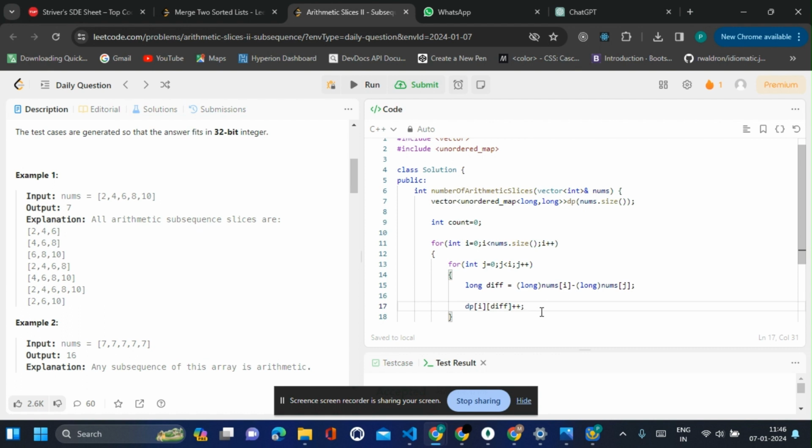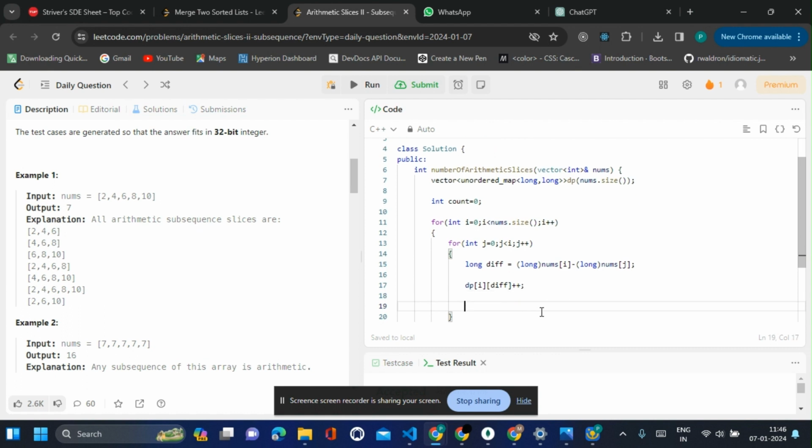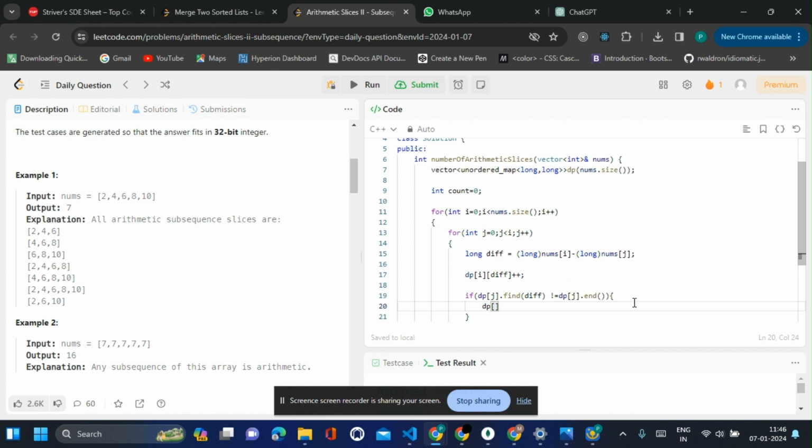So this is well understood. Now if we have previously found the same common difference in dp of j, now we have to add this, as I explained already.